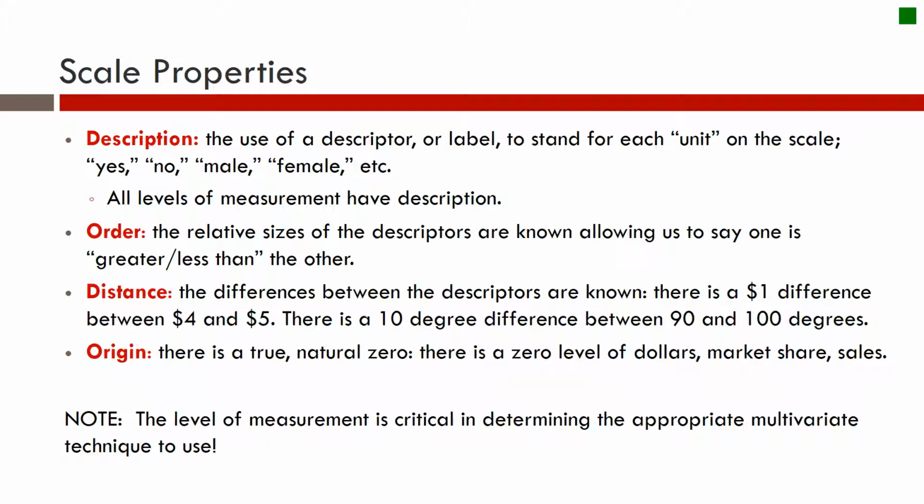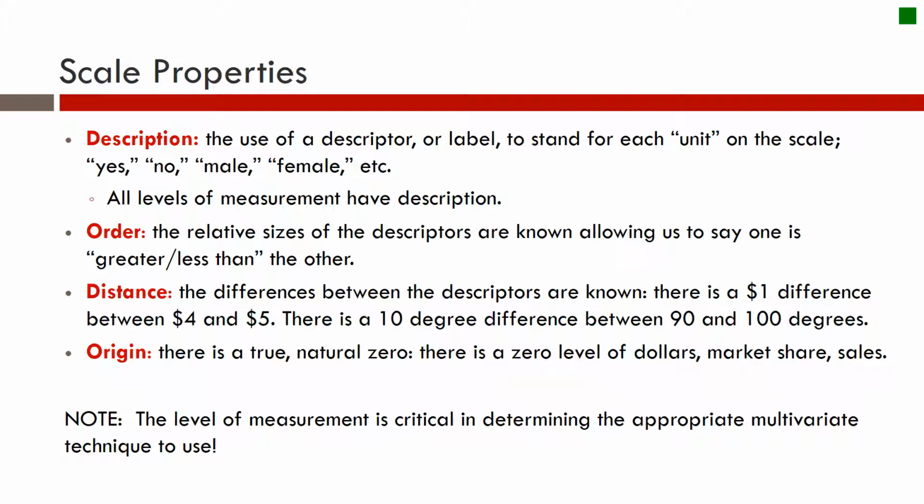Origin is the final level. Origin means that there is what we call a true zero or a natural 0 point, where 0 has some significant meaning within the scale itself. Okay, and again, we'll have maybe some examples here.